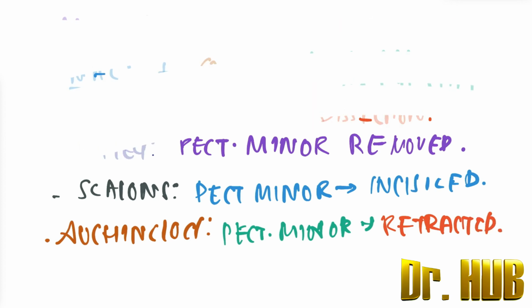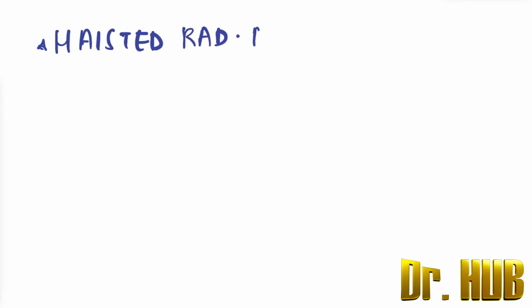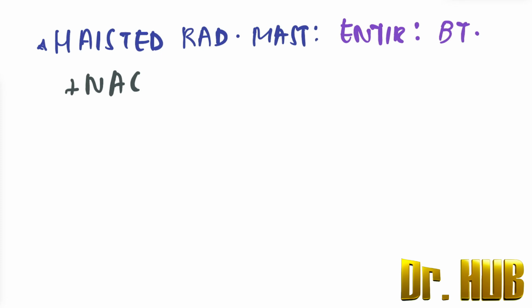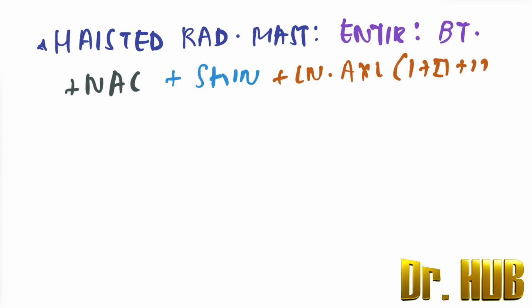Now we'll move on to the Halsted's radical mastectomy. What is the Halsted's radical mastectomy? Here the entire breast tissue, which we are writing as BT, is involved with the NAC, the nipple areola complex, plus the skin, and along with this the level of lymph nodes, that is axillary 1, 2 plus 3.